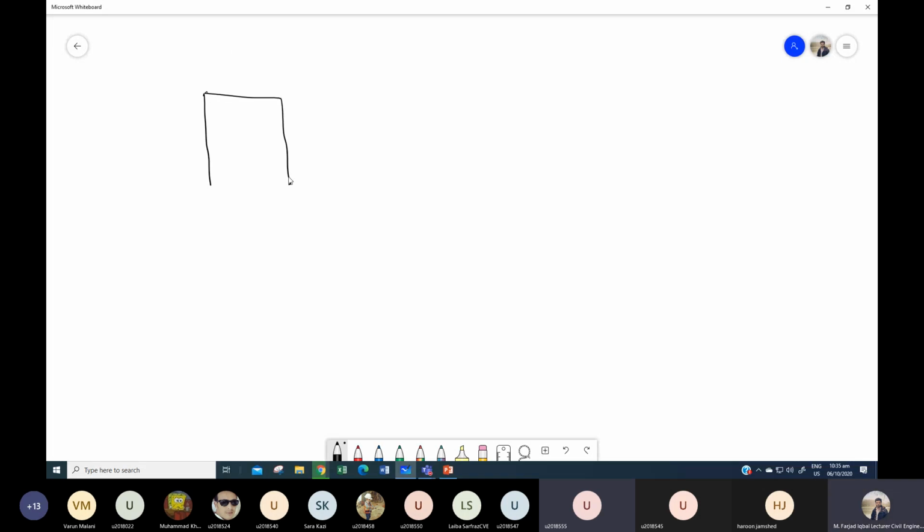So we have this frame. What is the degree of indeterminacy of this frame?